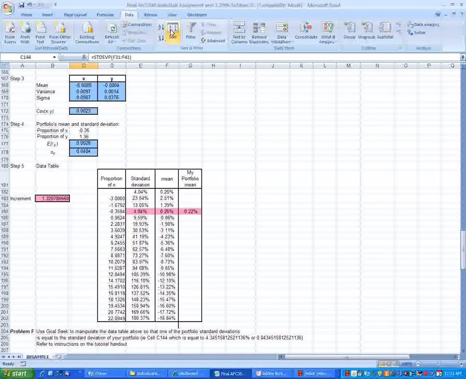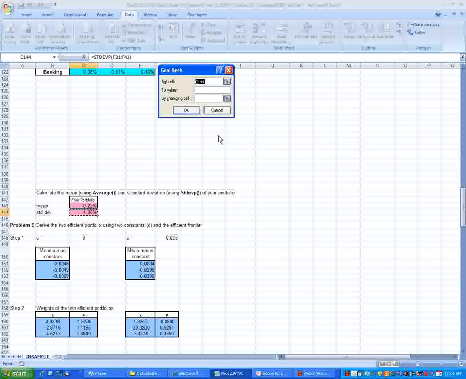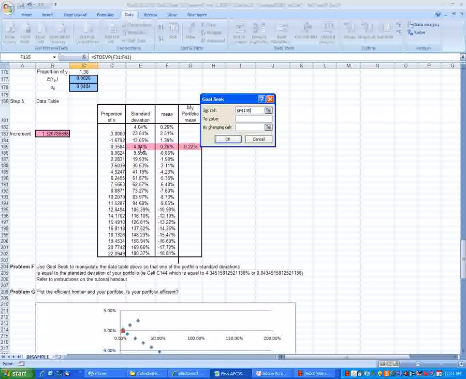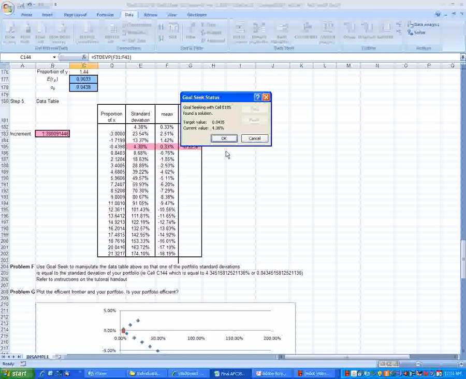To do that, you go into Data, What If Analysis, GoalSeek, and you set this cell, the standard deviation of your portfolio, to 0.0435, which I've already mentioned. Type it in by changing the increment cell here. And we get 0.438, close, very close, and close enough for the assignment.